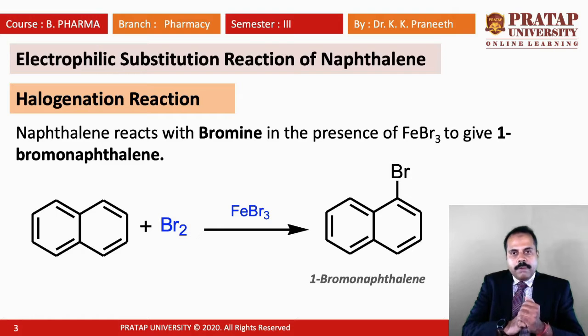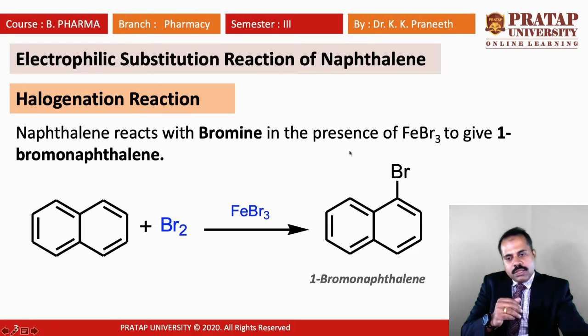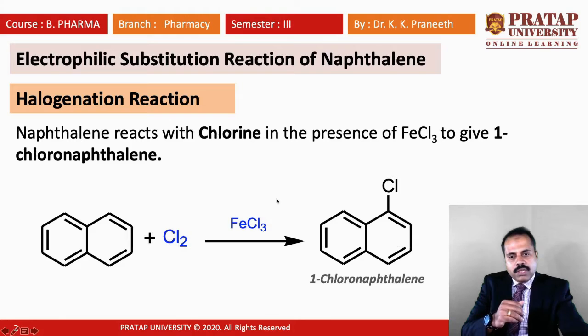So what is the electrophile in this case? Let us discuss what electrophile is produced in this reaction. In the case of chlorine, the byproduct will be HCl, because there is a hydrogen here. Every carbon has one hydrogen except these two, which are fused, so their 4 bonds are already satisfied.